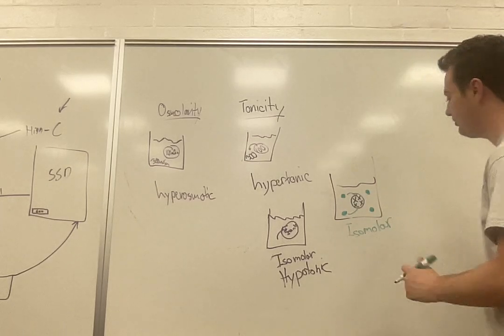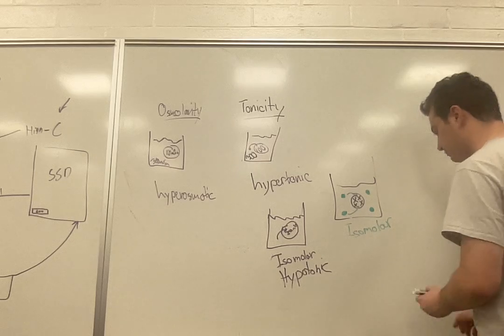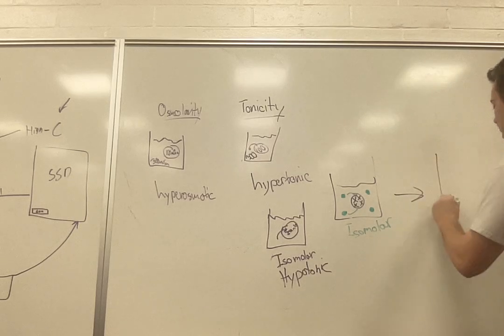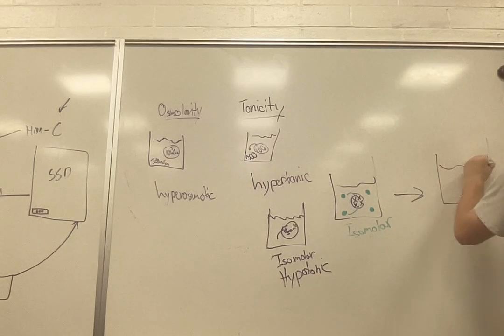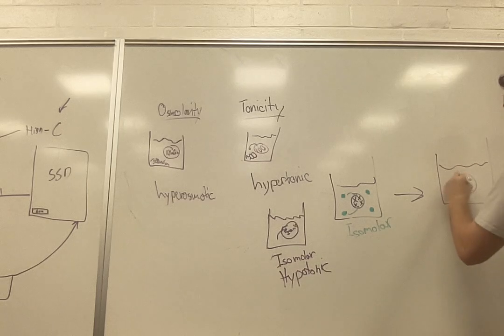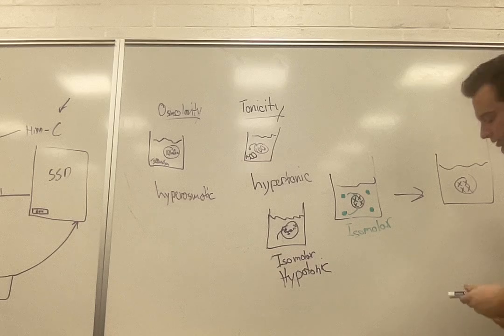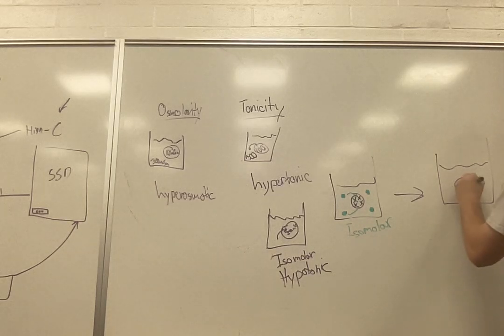And because of that, you're going to end up with this situation where, can you see this? Okay, you can. There's more on the inside of the cell than on the outside of the cell. And where does the water go?